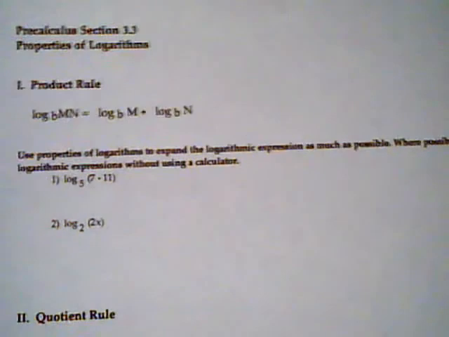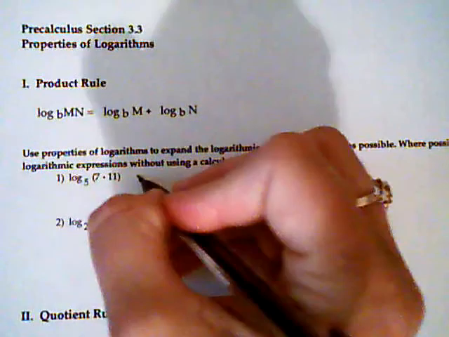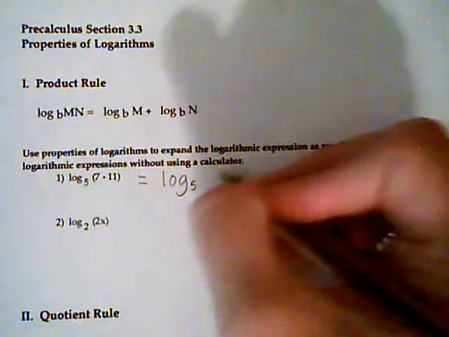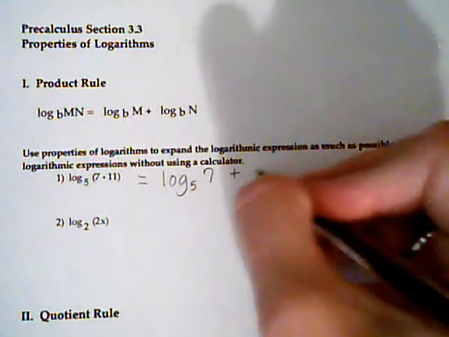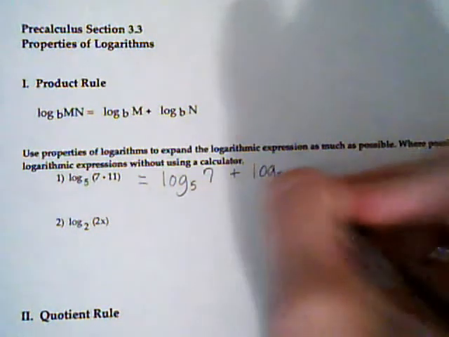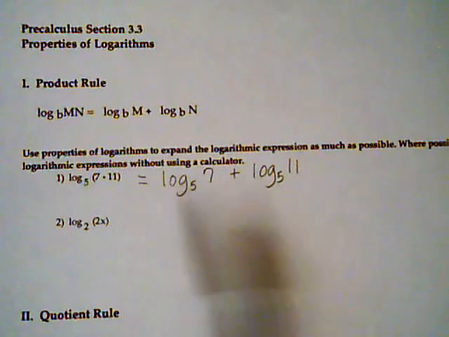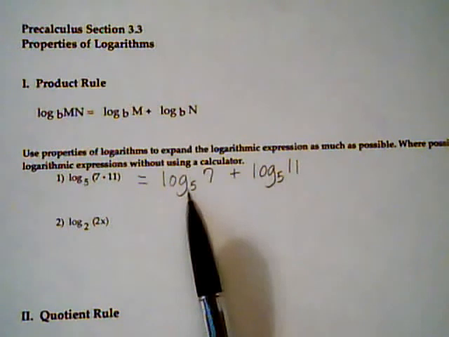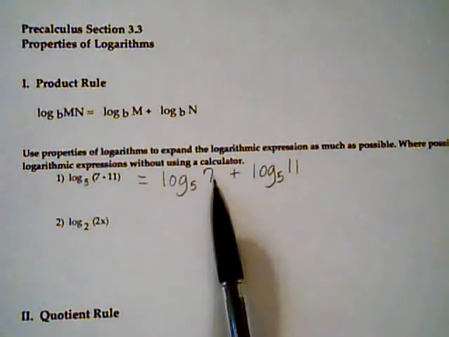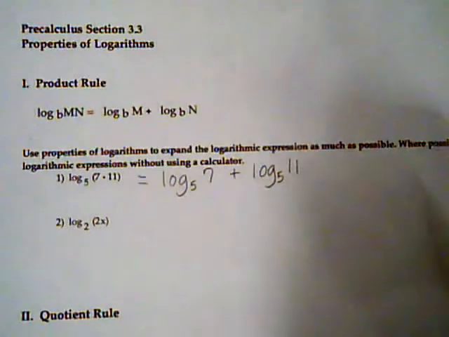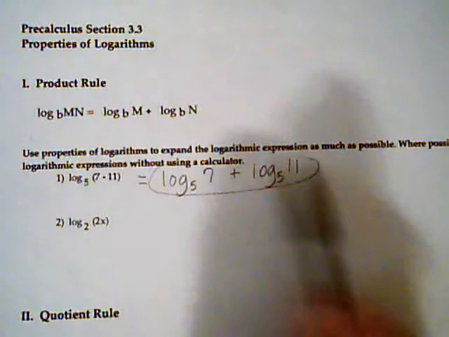So if I have, again, a product, I can just rewrite that as the log base 5 of 7 plus log base 5 of 11. Okay, if you can reduce or simplify either one of these, then you would need to. But there's not an exponent I could raise 5 to that would equal 7, or that would equal 11. So these would not reduce. So all of this would be your answer.